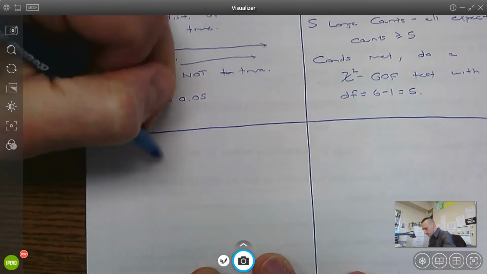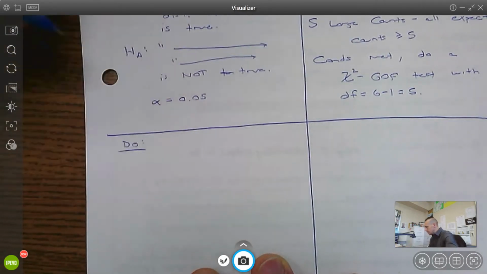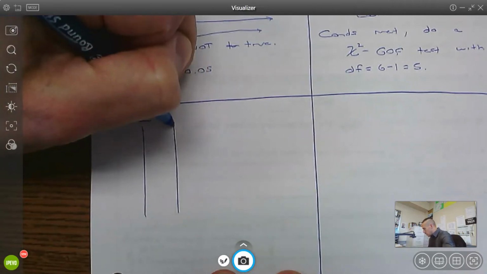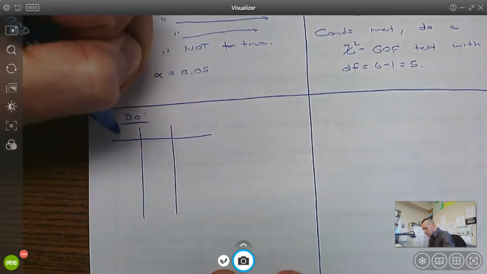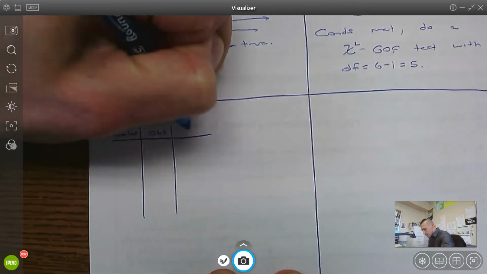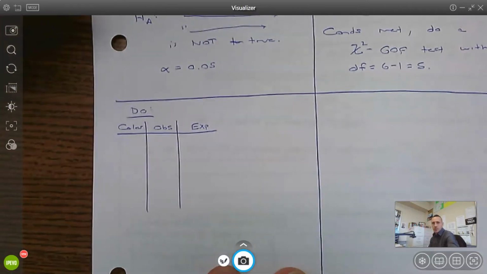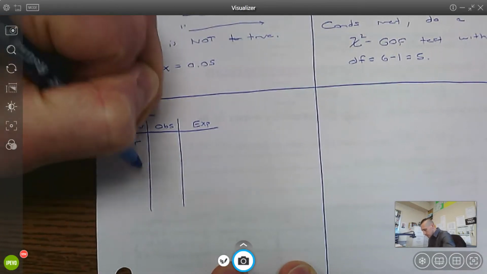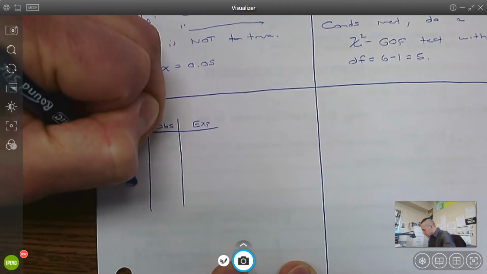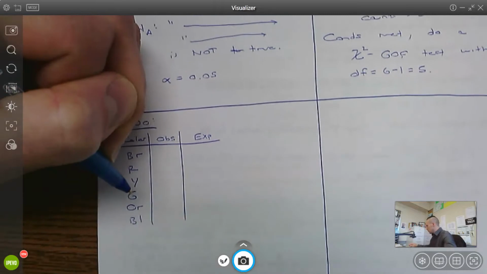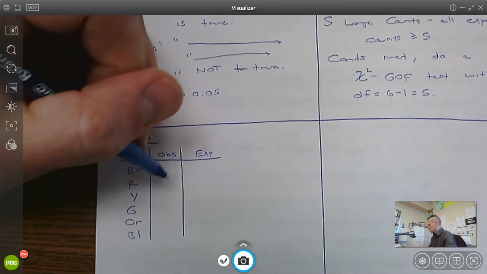Okay, for the do step. So I'm going to make a table here of what we have. So we have the color, we have the observed, and we have the expected. So color, we have brown, red, yellow, green, orange, and blue are 6 colors.